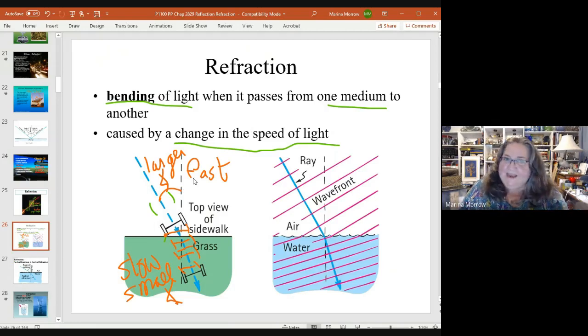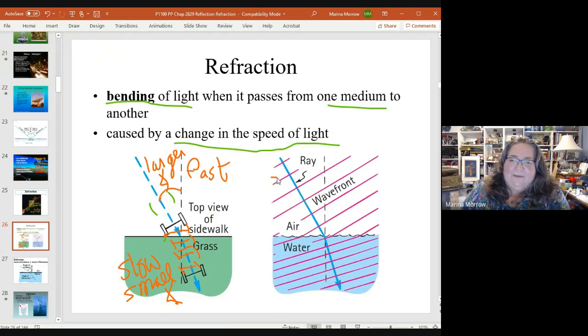So that's the idea, is that the wave front kind of gets bent over. And we looked at this when we looked at sound. So we looked at the idea of waves coming into shore and how they were slowing down and how that changed the angle. So the same thing is happening here. We've got some wave fronts coming.